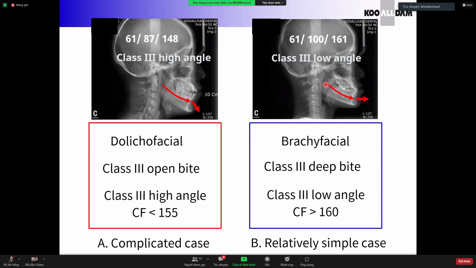So the mandible moves forward and upward. This patient shows a brachyfacial type, class 3 deep bite and class 3 low angle. This patient is a relatively mild case, milder than the class 3 high angle case.